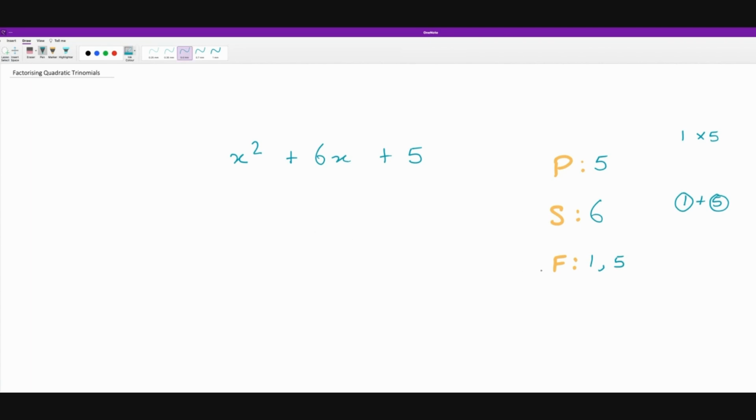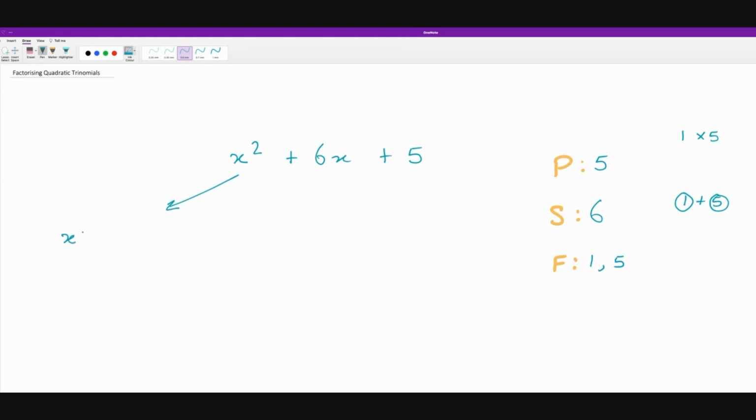The long version is, if you see these factors here, plus 1 and plus 5, we substitute or put this in and replace it with this 6x. So what this would look like, I'll do it off to the side over here.